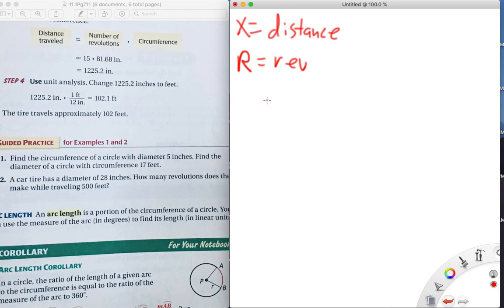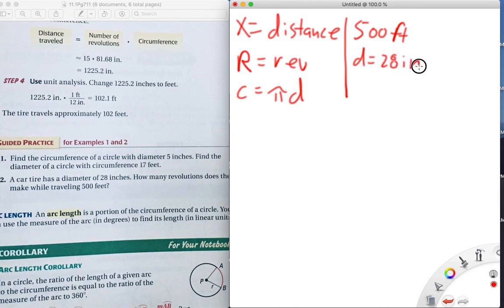They give me the diameter of 28 inches. We can say that circumference is pi d, since they give me the diameter. Other stuff that they give us is that the car is traveling 500 feet.